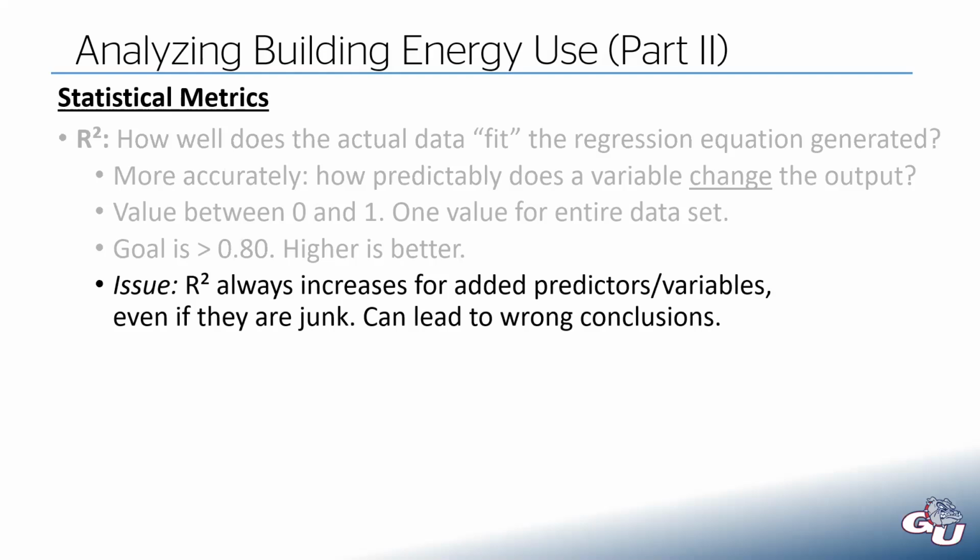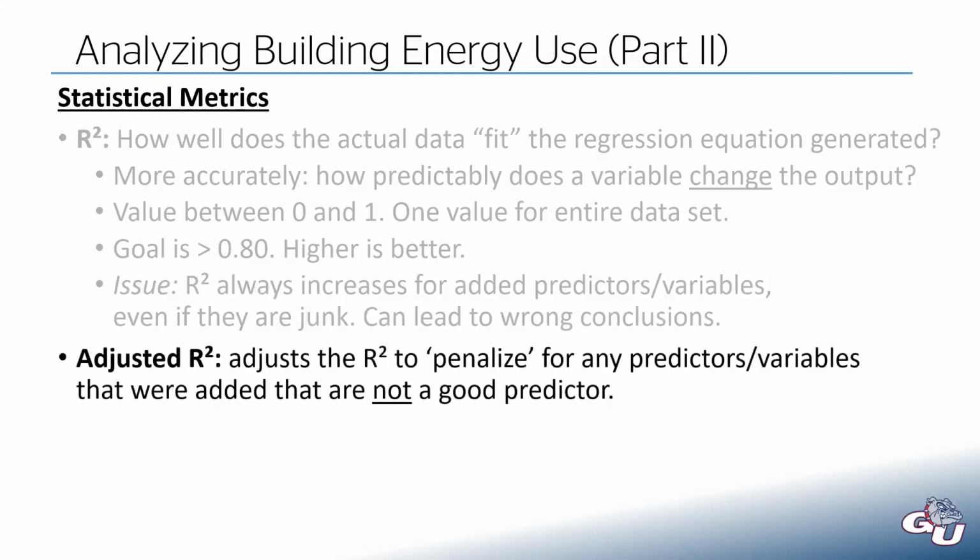But for some reason, if you add more variables to the analysis, even if they're bad variables, it will increase the R squared. That can lead you to some wrong conclusions, which brings us to the adjusted R squared. Like its name implies, this adjusts the R squared to penalize for any variables that you added that ended up not being a good predictor.